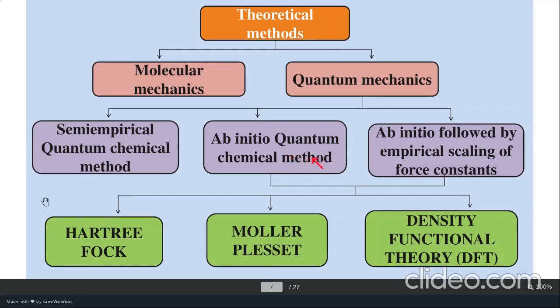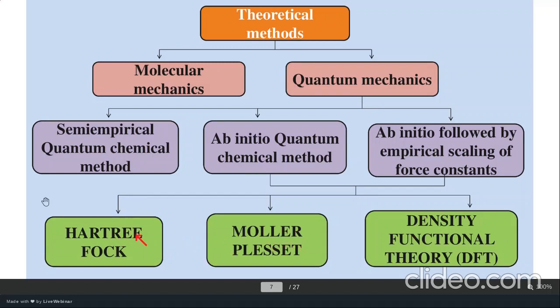In these two methods, the ab initio quantum chemical method and ab initio followed by empirical scaling of force constants, we go through the Hartree-Fock method, the Moller-Plesset method, and the density functional theory method. Basically, we are dealing only with the density functional theory method. It has good advantages over the Hartree-Fock and Moller-Plesset methods.